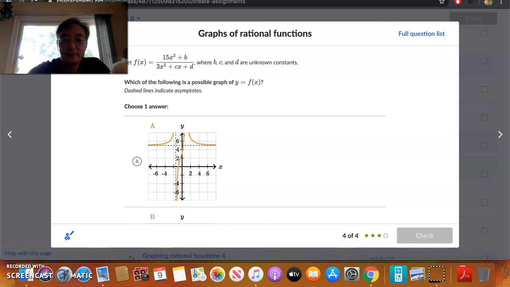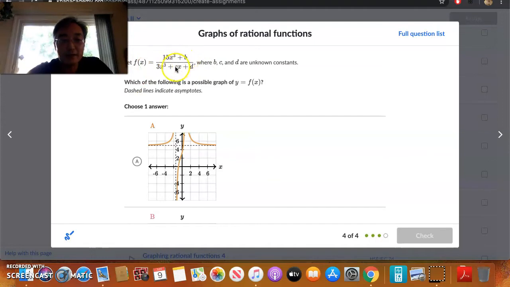Hi everyone. Today we're going to be looking at graphs of rational functions, and we're looking at problems like this where part of the function is not defined. As we can see, not the entire function is specified.